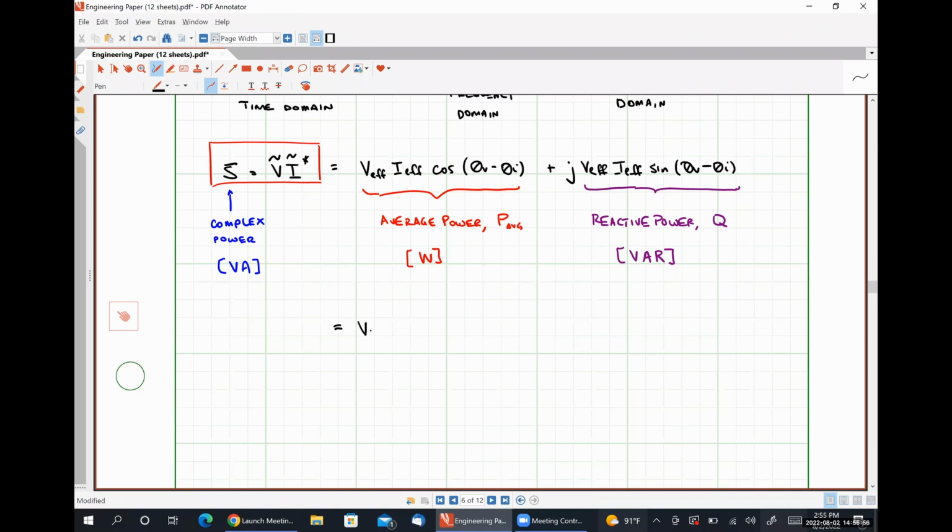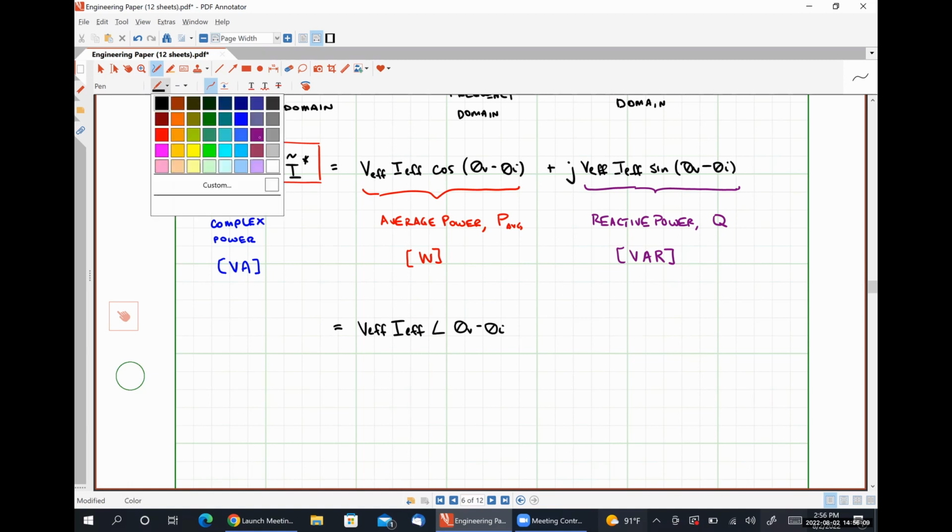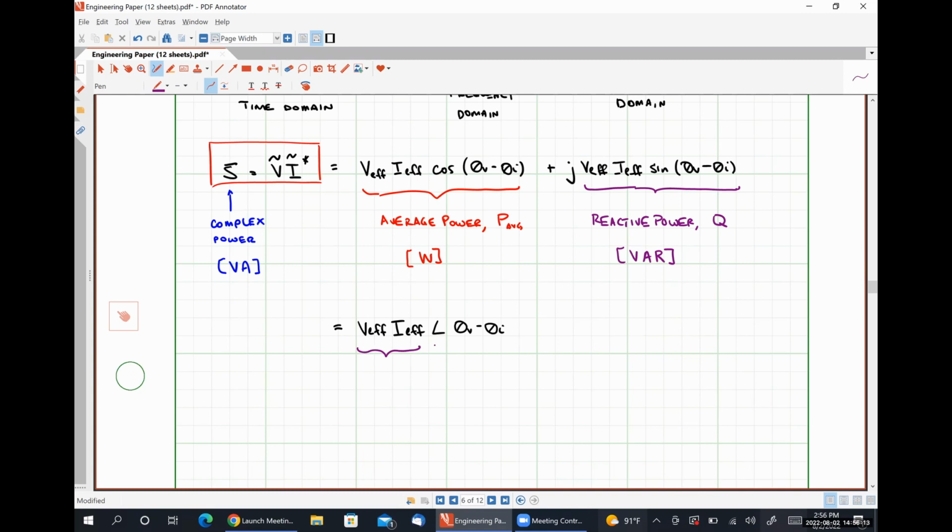So in polar form, this is going to be V effective, I effective, with an angle of theta V minus theta I. V effective times I effective is more commonly referred to as the apparent power, which I will give to you guys as the magnitude of S, our complex power, because that is literally exactly what it is. It's the magnitude of the complex number S.